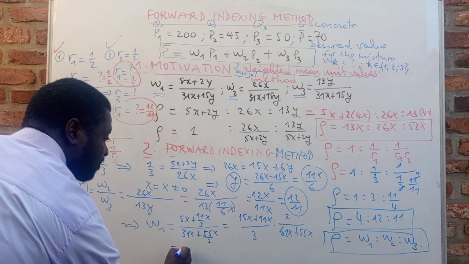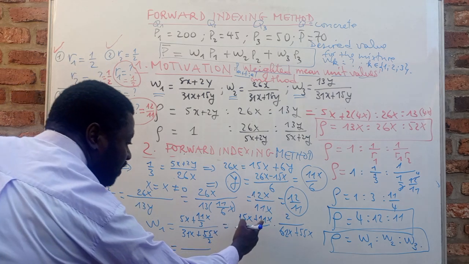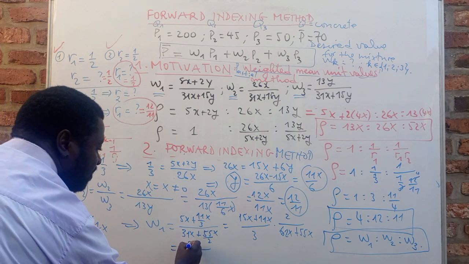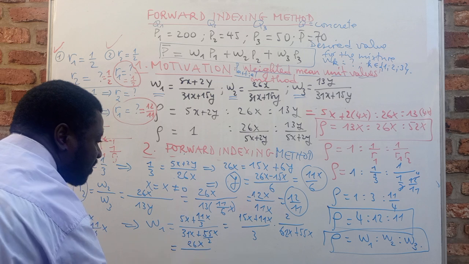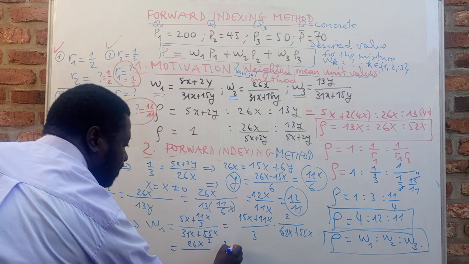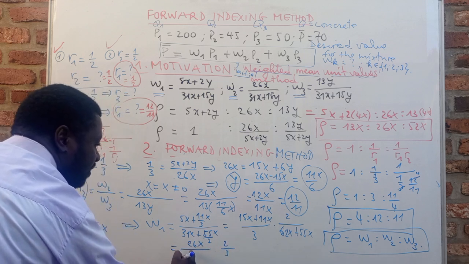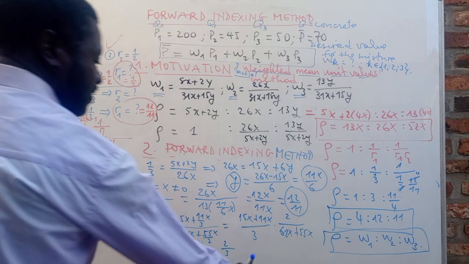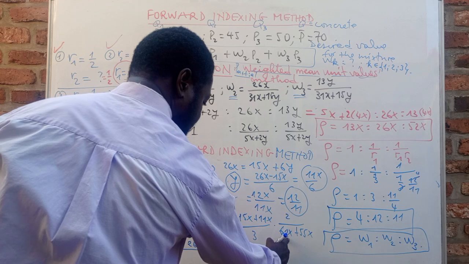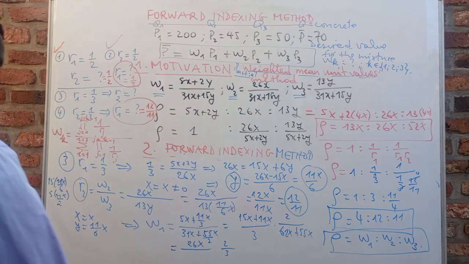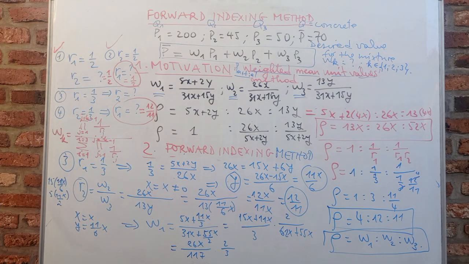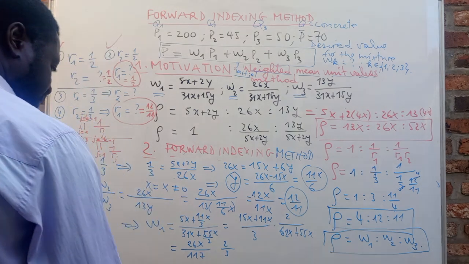So what we get here, omega 1 is equal to numerator 15, 11. Sum is 26x. I multiply by 2, I divide by 3. Here I divide by 62 plus 55, it is 117. I hope this is correct.